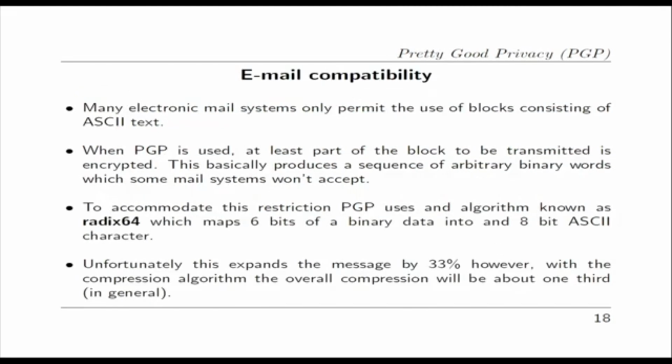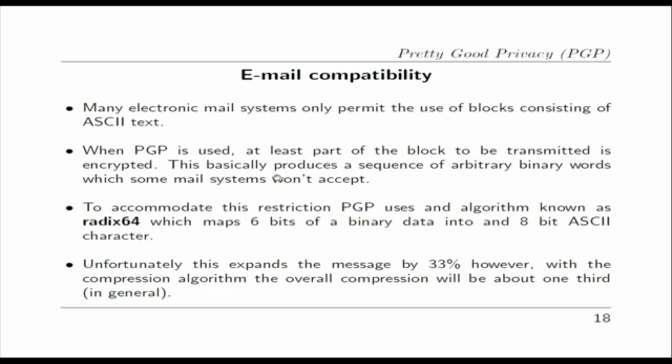Okay, then the next service of PGP is called email compatibility. Many electronic mail systems only permit the use of blocks consisting of ASCII text. When PGP is used, at least part of the block to be transmitted is encrypted.